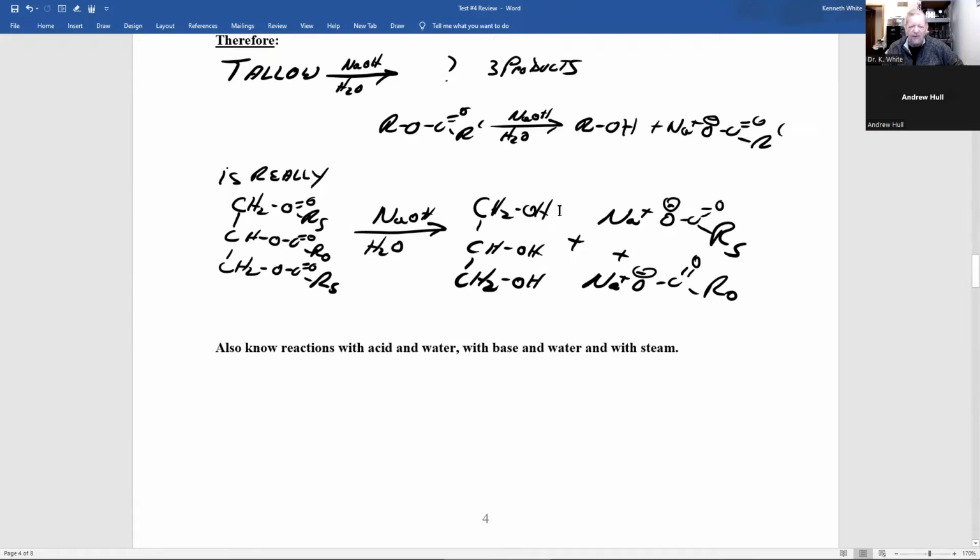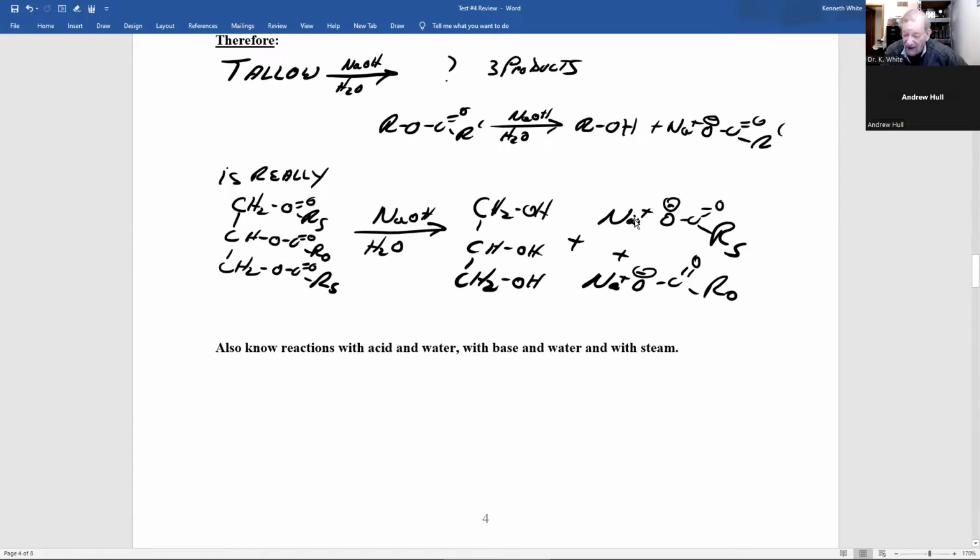So ester 1, we get this alcohol plus this carboxylate anion, sodium stearate. Ester 2, we get this alcohol plus this carboxylate anion, sodium oleate. And the third one, we'll get this alcohol.